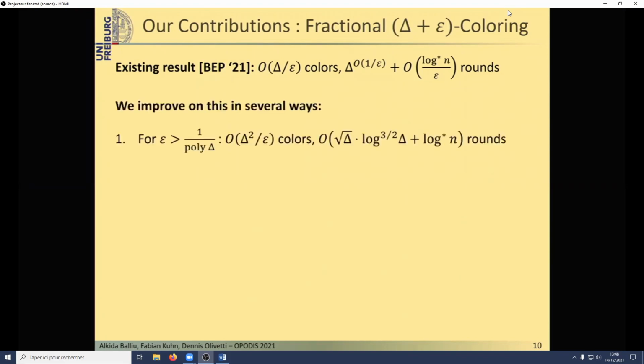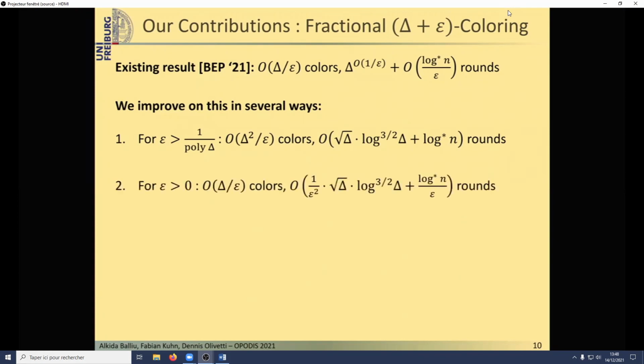We improved this in several ways. With somewhat more colors, delta squared over epsilon, we can get the running time down from delta to the 1 over epsilon to roughly square root delta plus log star.